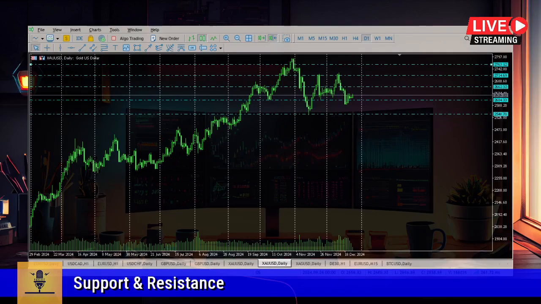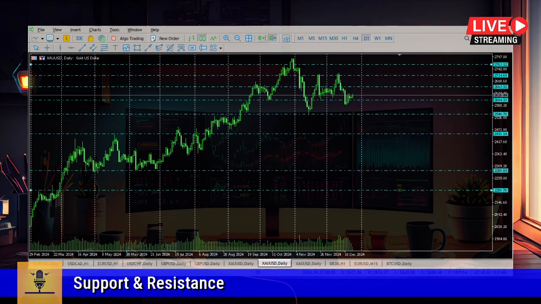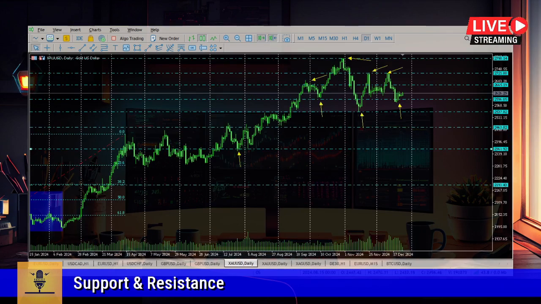Right now, let's try to find primary support and resistance on our chart. We have the XAU daily chart. From the chart, we can easily identify the primary support and resistance by looking at the price reversals as indicated by the yellow arrow.